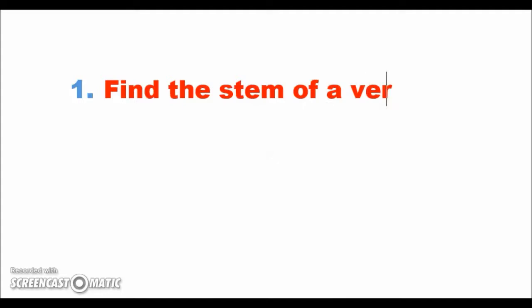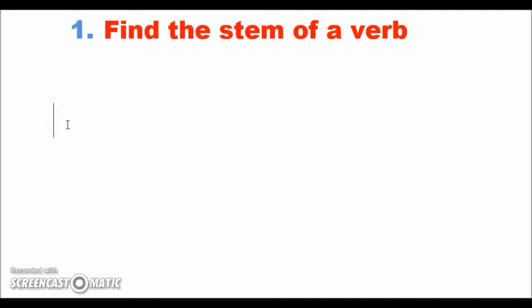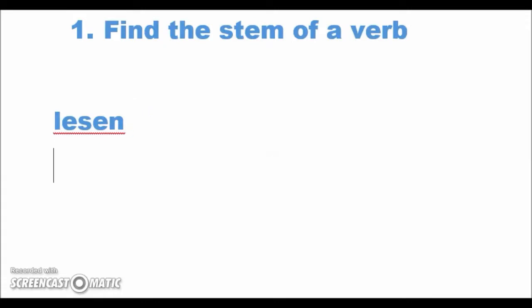In order to conjugate a verb in Luganda, you have to find the stem of a verb. So how do we do that? Let's take a look at other languages. For example, German. In German, to read is lesen. To walk is laufen.